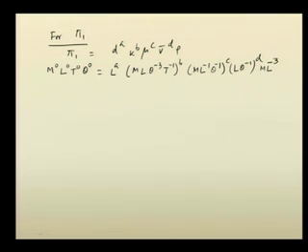Now, what we have to do? We have to see these dimensions, the powers. So, this is equal to m to the power b plus c plus 1. If you see, b plus c plus 1, then L to the power a plus b minus c plus d minus 3.